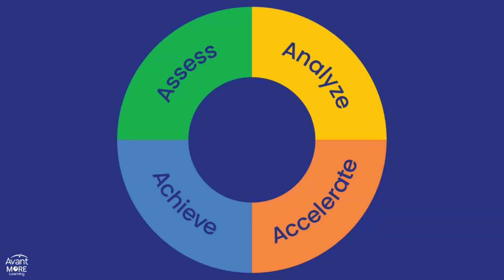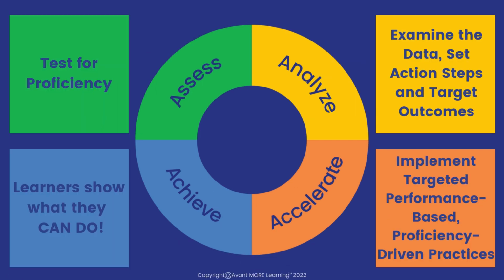So these are the four stages: assess, analyze, accelerate, and achieve. I hope that what we went through today helped give you some ideas. And maybe as you look at this cycle, you might be able to identify what stage you would want to begin with. Maybe you've already tested for proficiency and you would like to do something deeper and examine the data. Or maybe you've received the data and you want to learn how to interpret that data and begin to implement certain practices so you can accelerate the growth in proficiency.